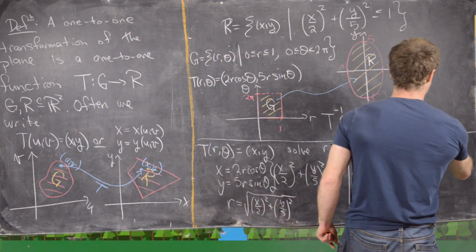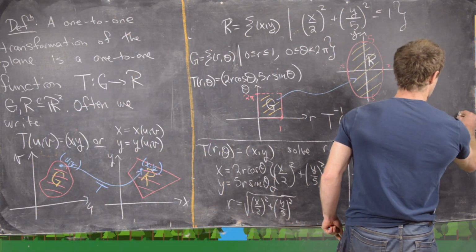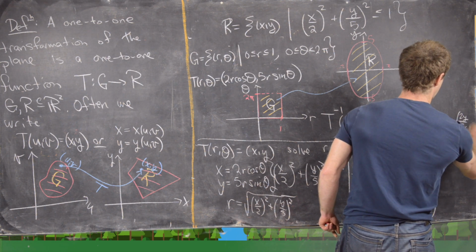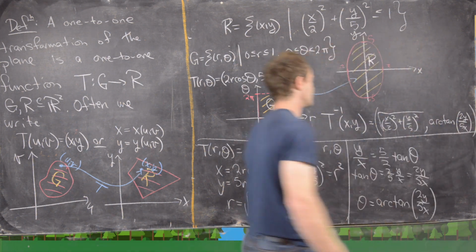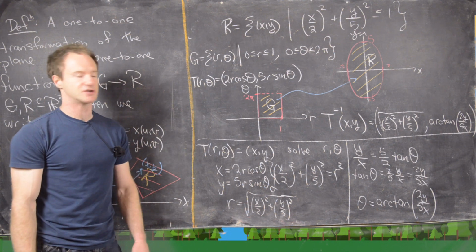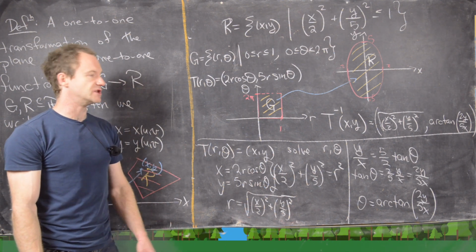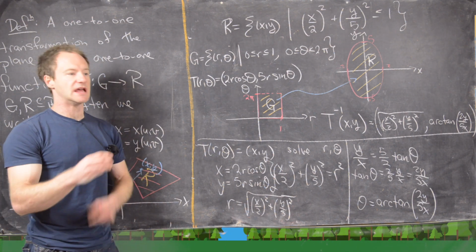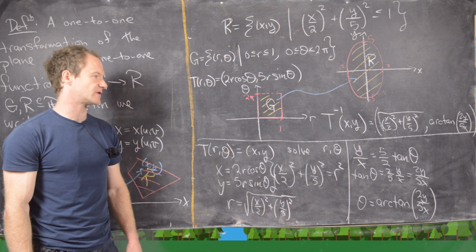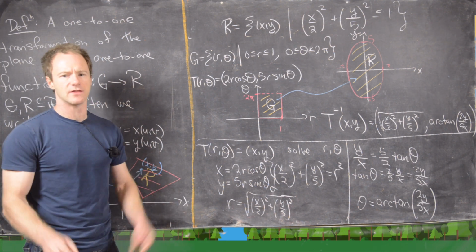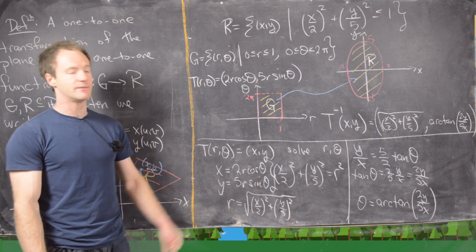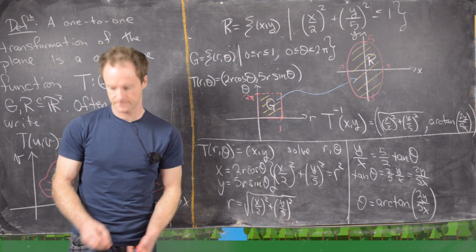So we've got arctan of 2y over 5x. Good. And that would be our inverse transformation. And then I'll leave it to you to check that this is one-to-one. It follows from the fact that the tangent function is one-to-one, kind of in the right spots. Okay, so I'm going to clean up the board and then we'll do one more example.